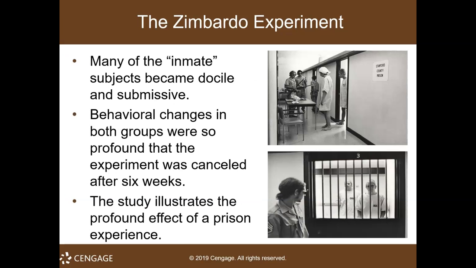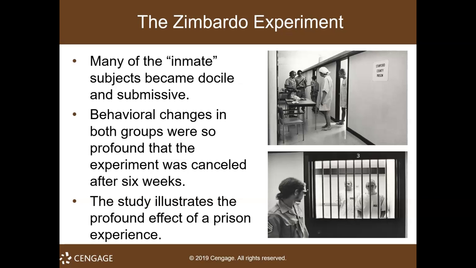So there was a lot that came out of this. Some of the inmate subjects became very docile and submissive, and some became manipulative. Those behavioral changes were so profound that they ended up stopping the experiment. But the study itself illustrates the effect of a prison experience from both sides of the coin, right?